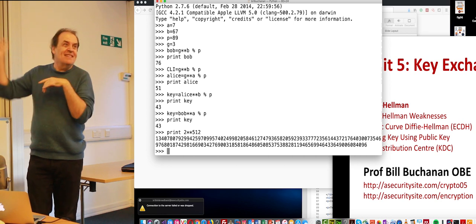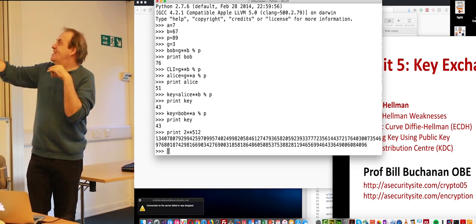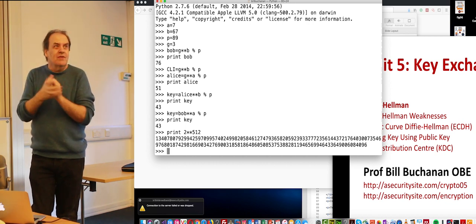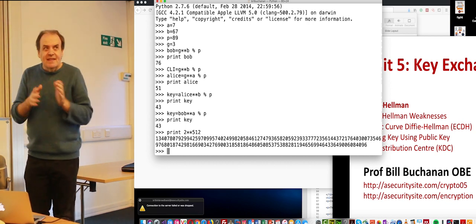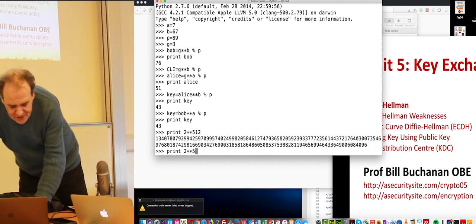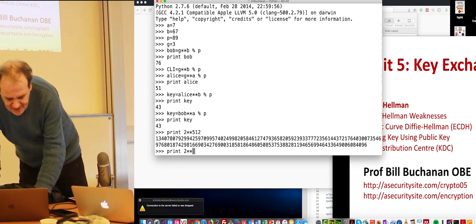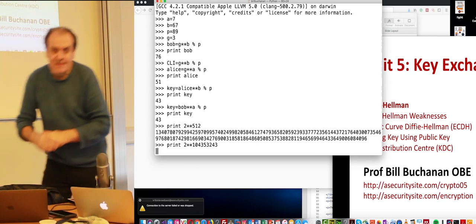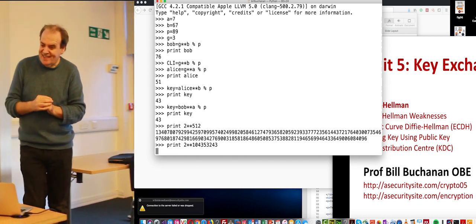It's big. That isn't a prime number, by the way, because it's even. But those are the numbers we're dealing with, not little dinky numbers, and it doesn't take long to get very large numbers.